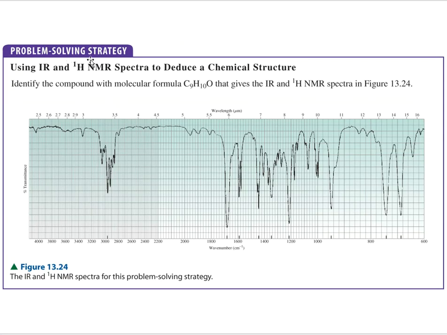If I look at this example problem, it says identify the compound with the molecular formula of C9H10O that gives the infrared and the HNMR in the following problem. This is very similar to the other two example problems that we did. However, they're giving you an NMR to make your job a little bit easier. Because remember, we were like, is this a ketone? Is this an alcohol? Is this an alcohol plus a carbonyl? What kind of functional group is it?